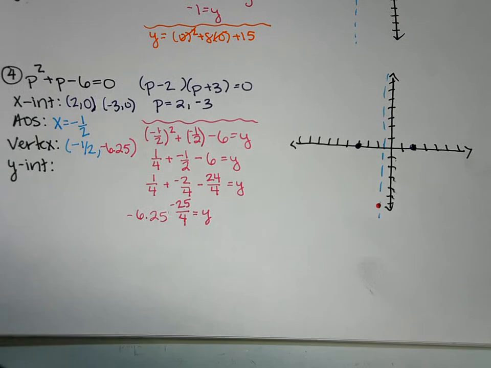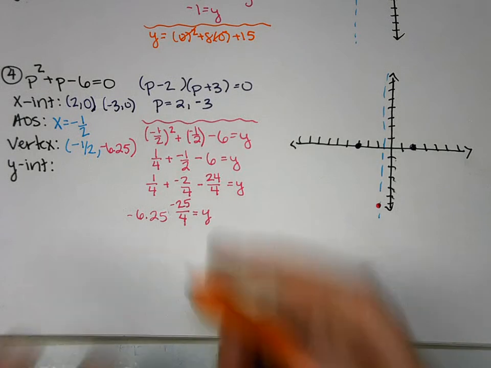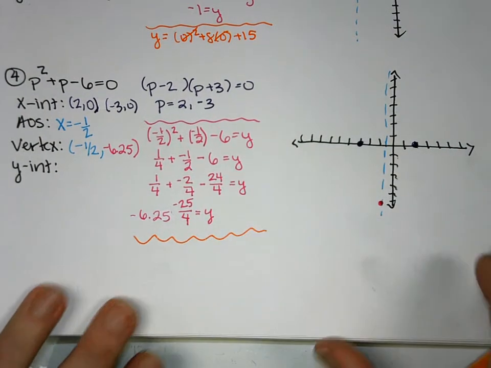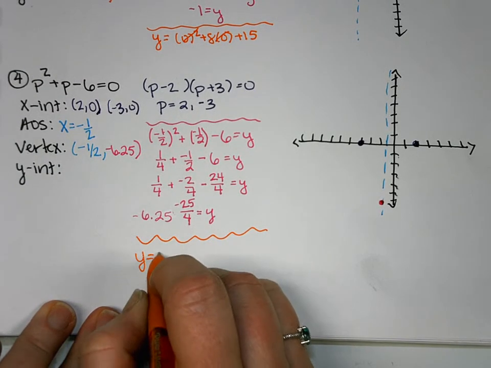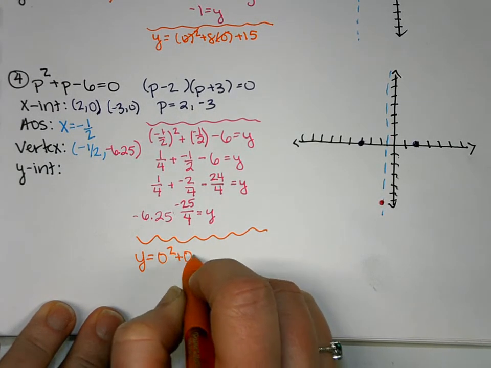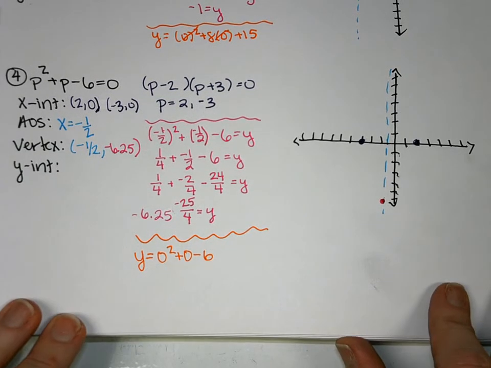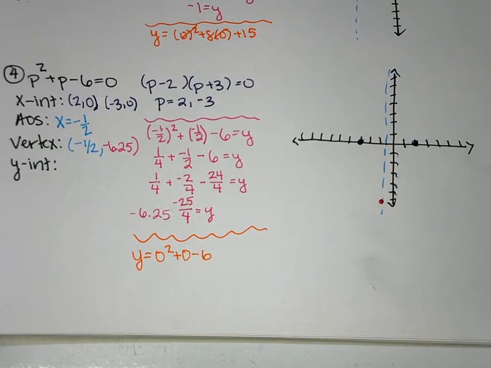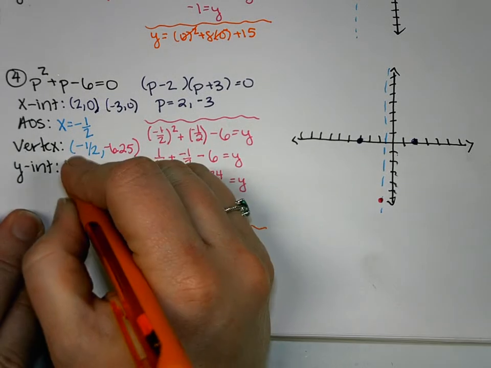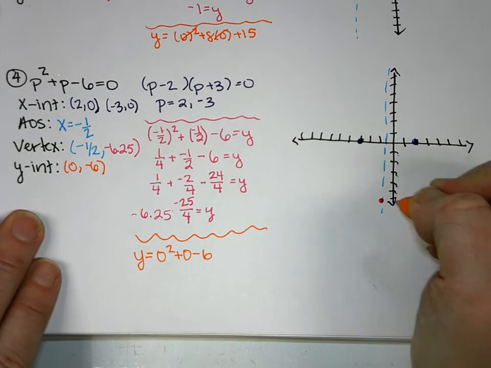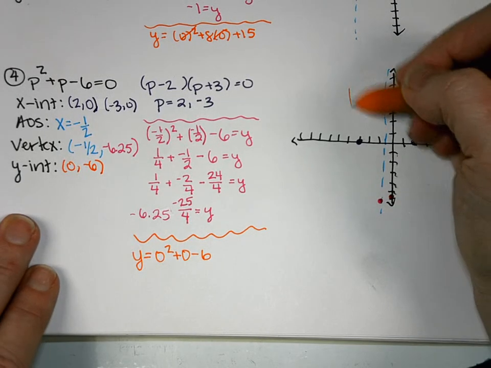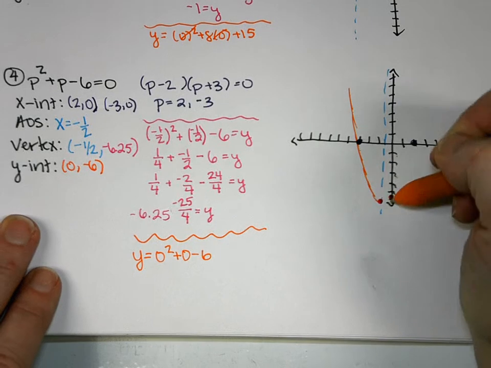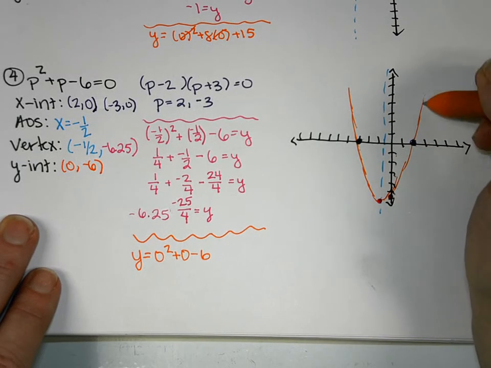Now what about the y-intercept? That's the last thing we need to find. So if we put 0 in for p, what are we going to get for y? Negative 6. So 0, negative 6 will be our y-intercept. So I can come over here and plot that, and then connect the dots. And you have your parabola.